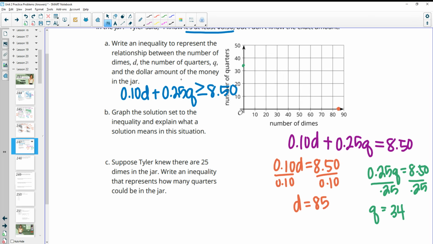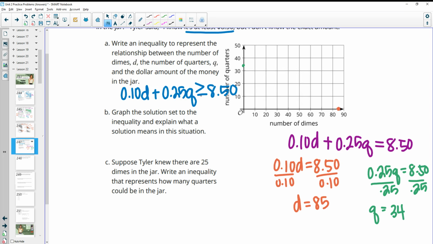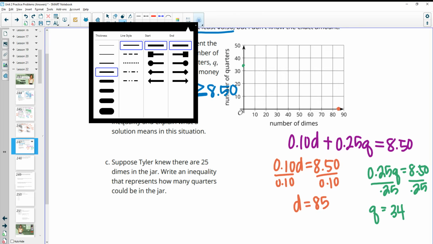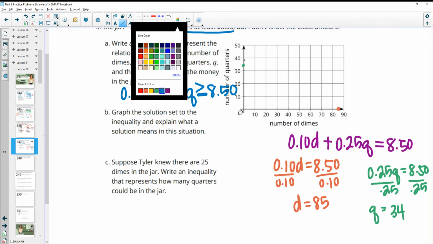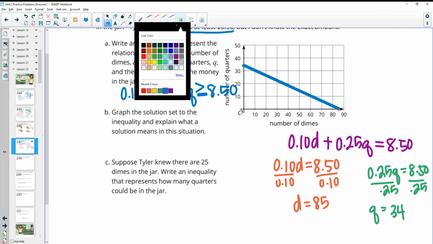And so in this case, remember that it could equal $8.50 because he said at least. So either we have $8.50 or we have more. So we want a solid line connecting these 2 points, because that boundary would be all of the parts where we have $8.50. And then, you know, we've done a couple of these.